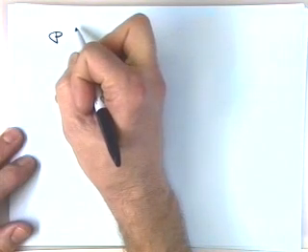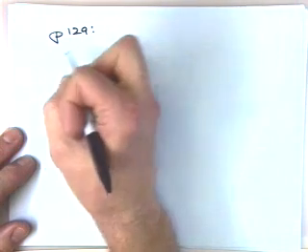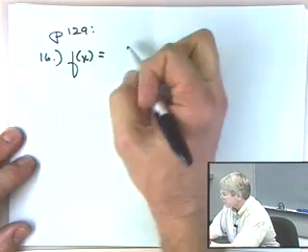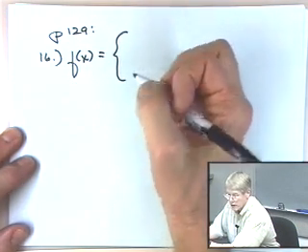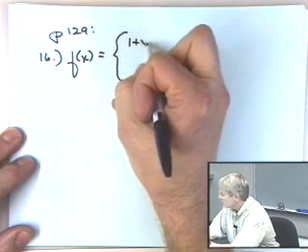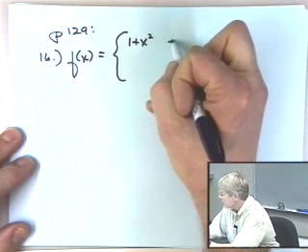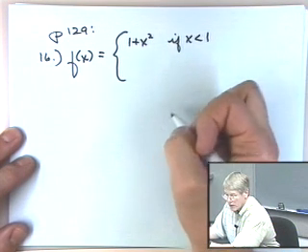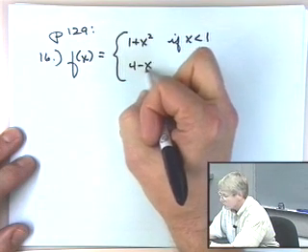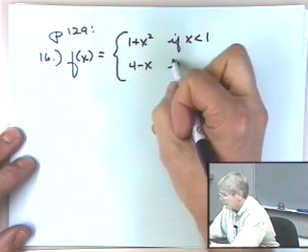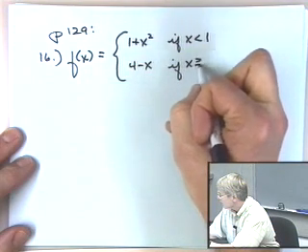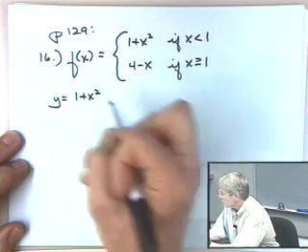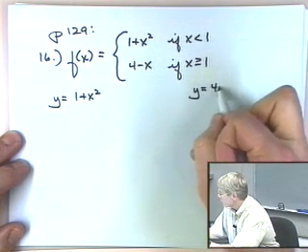So we're looking on page 129, number 16. Looks like we've got a split domain function. Looks like we've got a piece of a parabola. And it looks like 1 is the transition point in the domain. So for a while we graph 1 plus x squared, and for a while we graph 4 minus x.